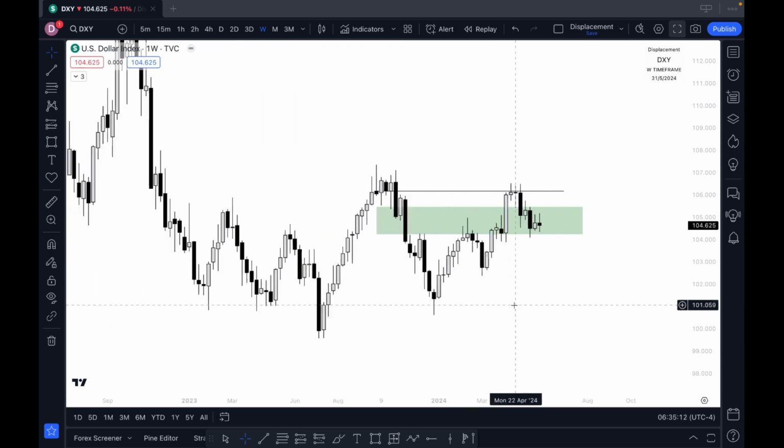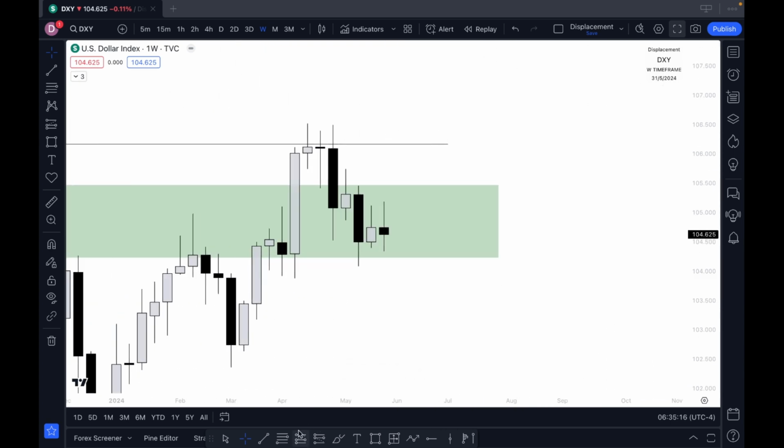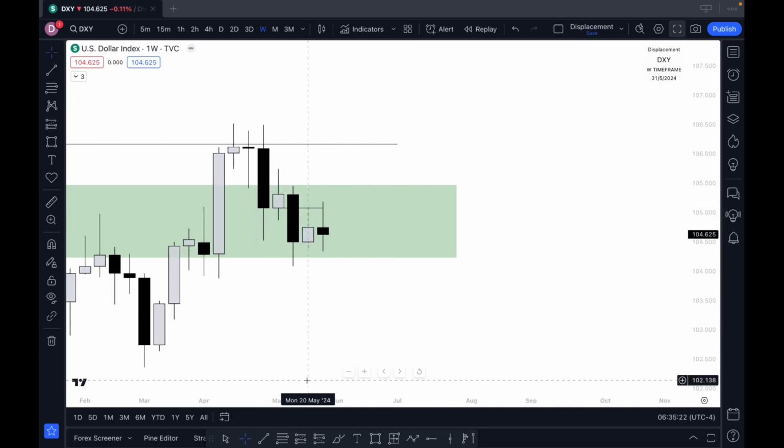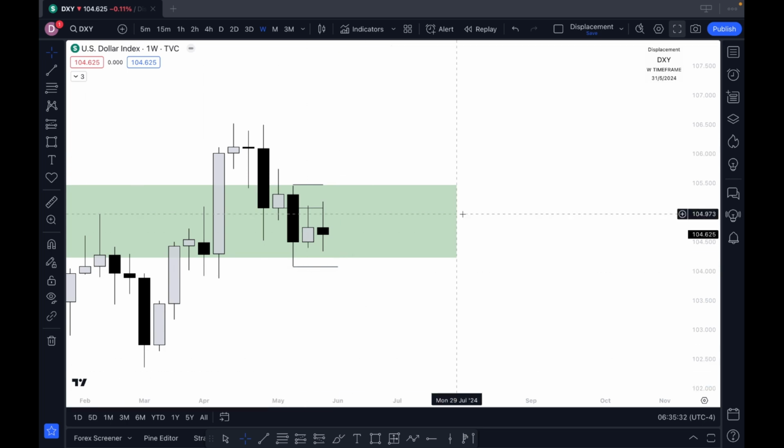Right, in weekly, what did we see? We saw that in the last week we tapped this weekly order block, right? And we saw some expansion, but still we are inside this weekly inside bar, right? And we have failed to close above this high. Right now let me remove this monthly inversion.